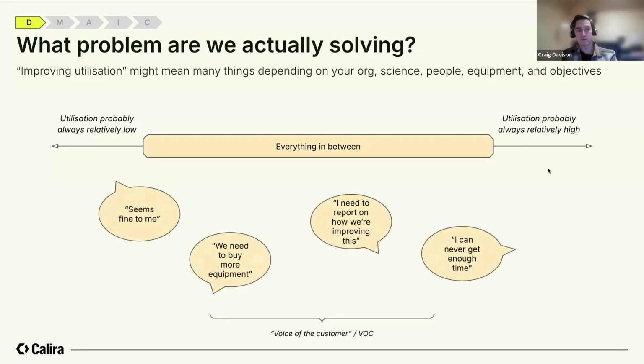Maybe you've already spoken to various people and looked at this from different angles. Maybe you've heard one scientist say, this seems fine to me, another say we need more equipment. Leadership says we need reports. The point is that improving utilization might mean very different things to you on this call than it does to me. There's no standardized way.